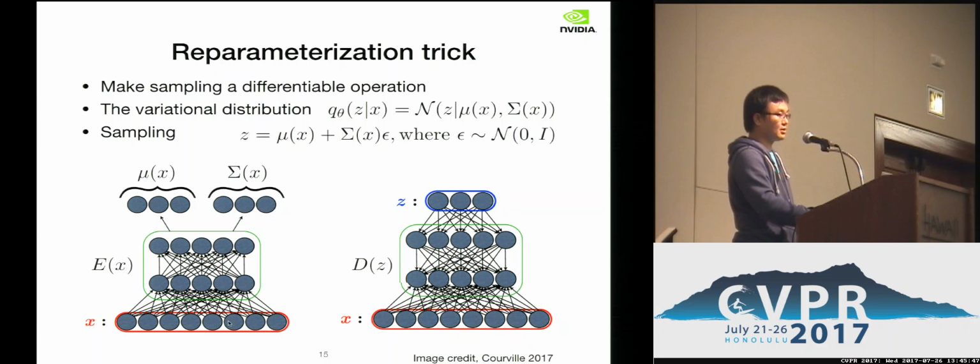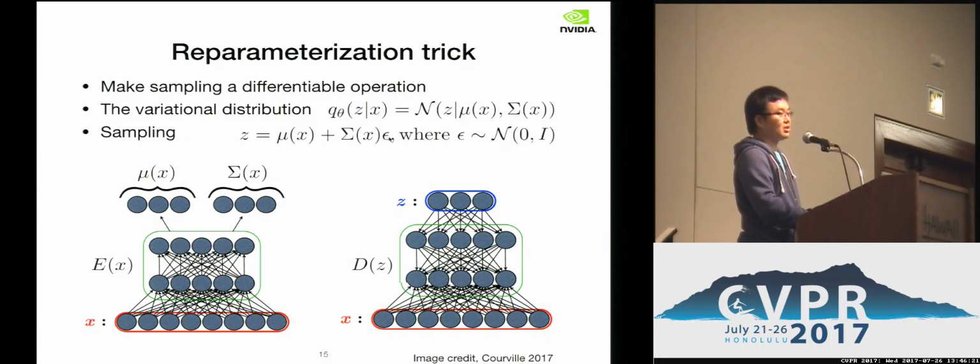You have an input image X, and you use the encoder network to estimate a mean vector and a vector of deviation, mu of X and sigma of X. Then the sampling can be implemented by sampling epsilon from a standard normal distribution, and doing an element-wise product. So you have mu plus sigma times epsilon, which gives you the code Z. Through this process, you do the sampling, and this is differentiable.